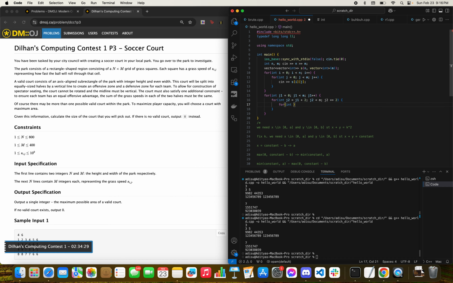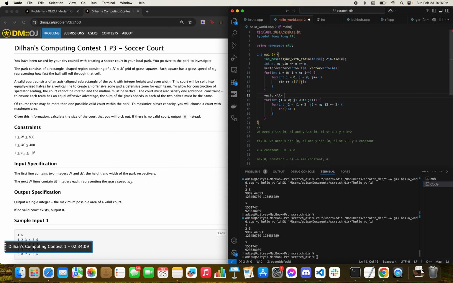Yeah, and now we have a partitioning of this thing, right? So, how should we do this? Okay, vector long long lms of size n, fill with 0.